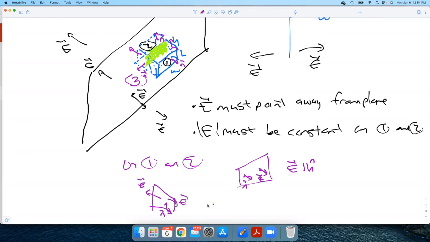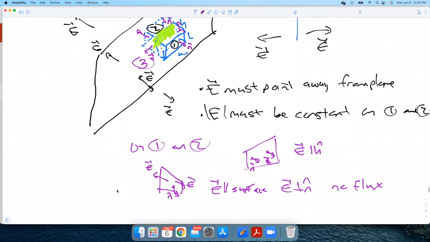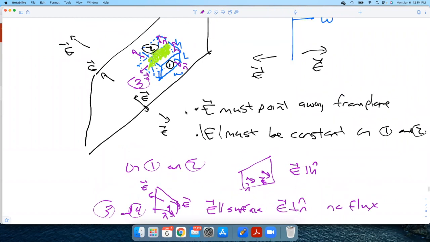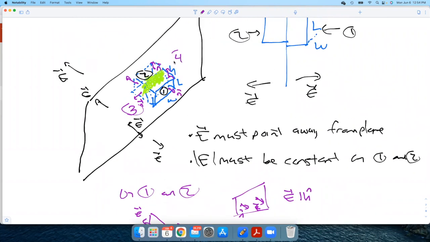E is parallel to the surface, perpendicular to N. That means their dot product is 0. That means no flux. That's for 3 and 4. There's no flux flowing through these 2 surfaces here.